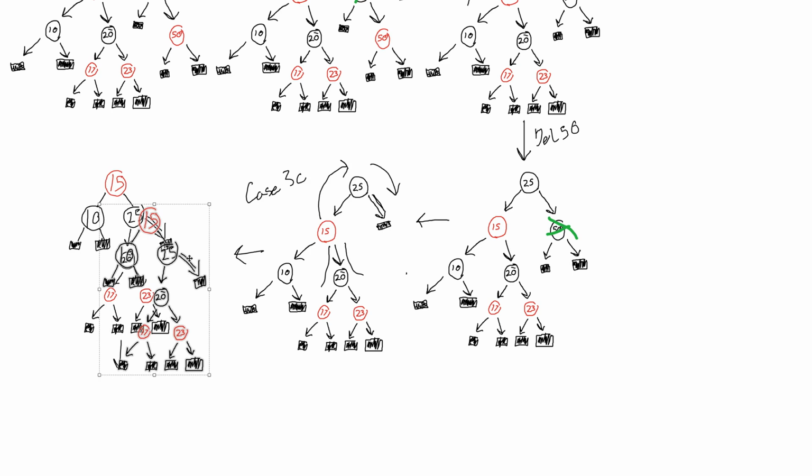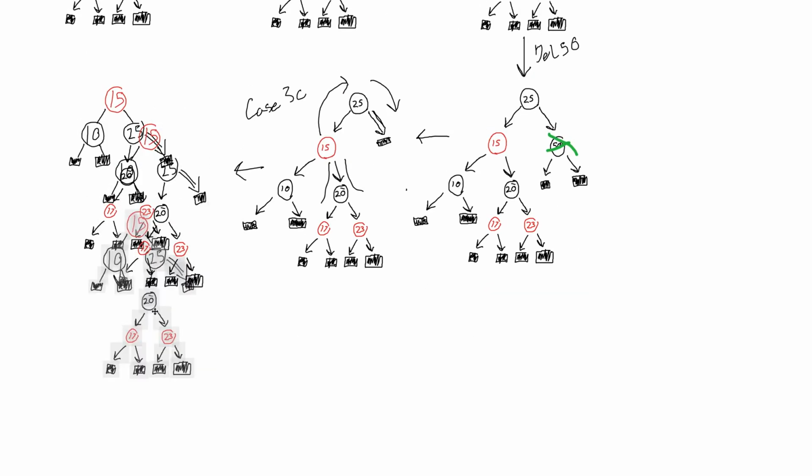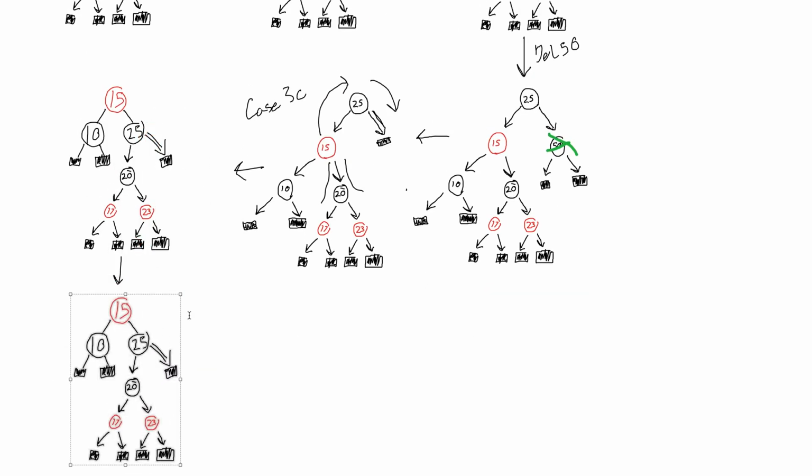Pretty straightforward. So the new parent is going to get colored black, and then the old parent, which was 25, is going to get colored red. Okay, so we've done our coloring, and now the big question is, are we good yet?